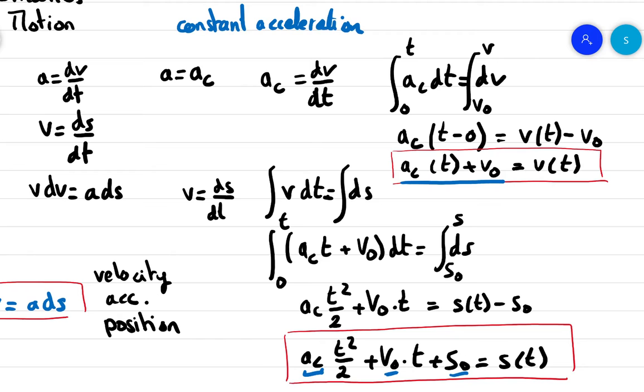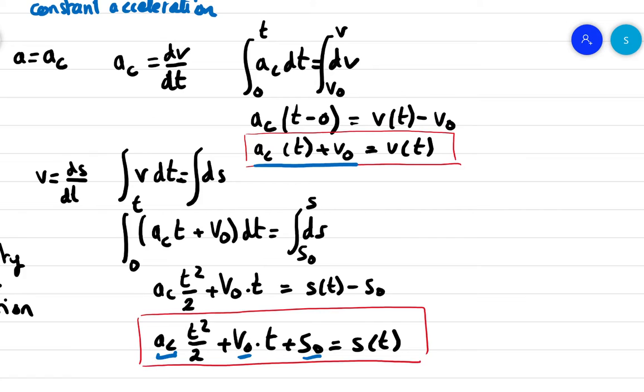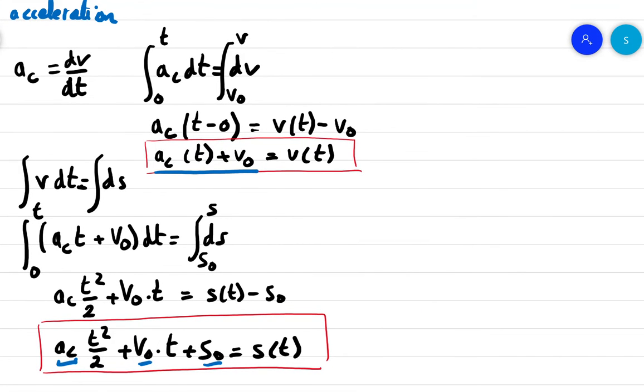Okay, and now we have the last one. We will use this formula. Let me go to the right, I want to have enough space. So we have v dv equals a ds. And we can take the integral of both sides. On the left is the integral of v dv, so it's from v naught to v.